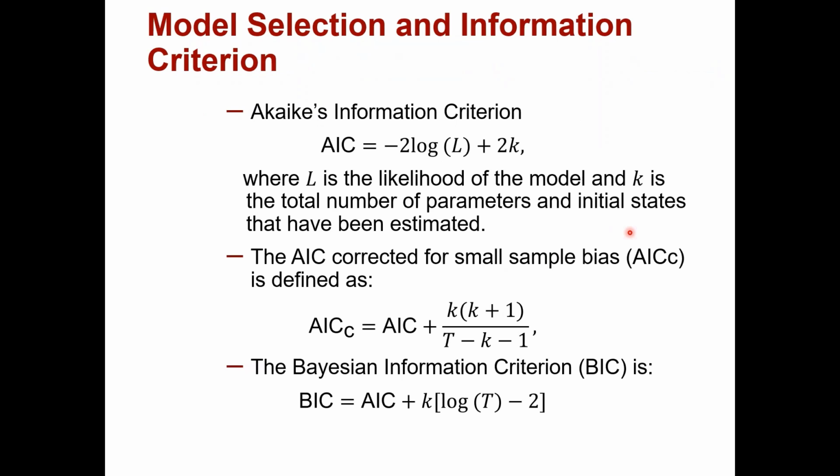We also have model selection criteria that use the log likelihood: Akaike's information criterion, AICC, which is corrected for small sample, and the Bayesian information criterion. This is for when you have alternative models and you want to select which model. When we use automatic model selection, it will use one of these three criteria, and AICC is the default setting.